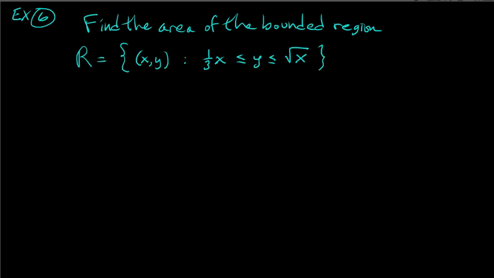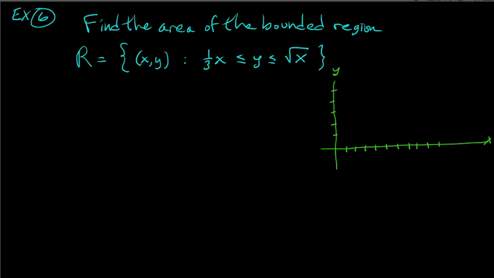Probably Calc 2. I don't do this in Calc 1, right? Because this is the area between 2 curves. So first thing we should probably do is figure out what that region is and what it looks like. So just draw the xy plane. So we have 1, 2, 3, 4, 5, 6, 7, 8, 9, 10, and then 1, 2, 3, 4, 5.